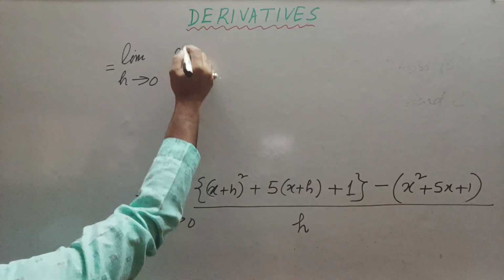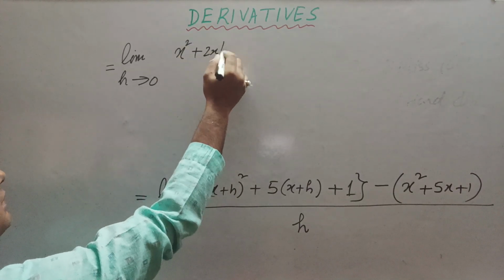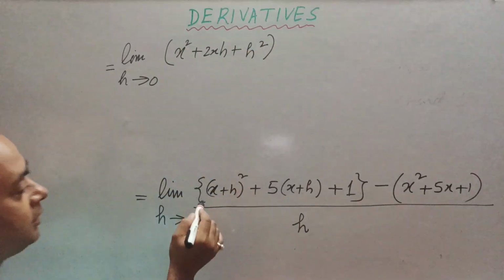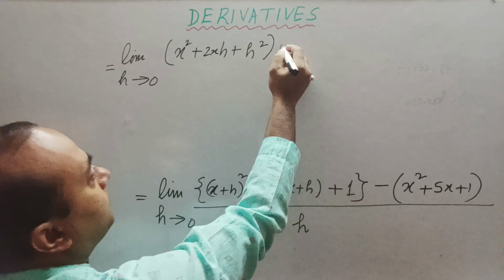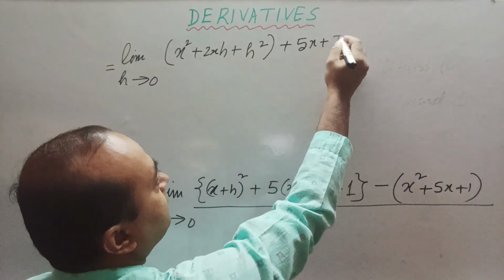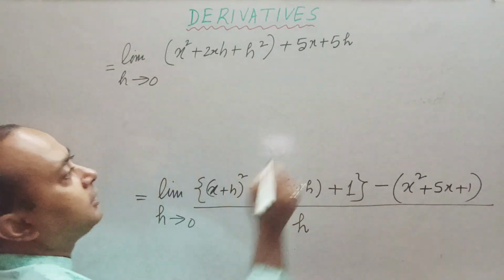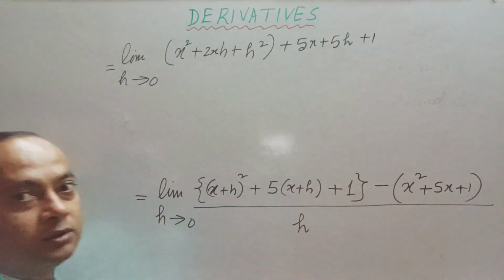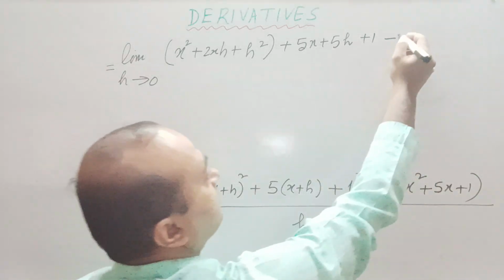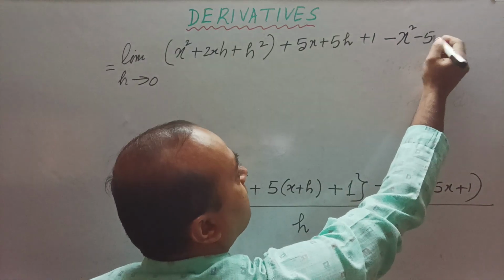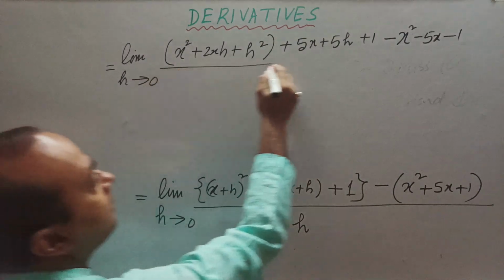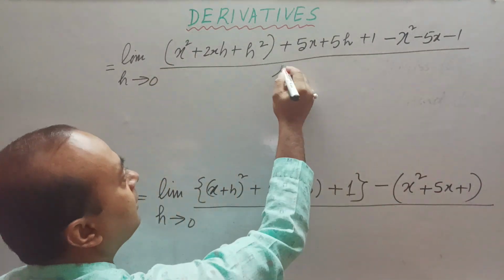So it will be x square plus 2xh plus h square, plus 5x plus 5h plus 1, minus this entire thing, which will be minus x square minus 5x minus 1. The whole thing is divided by h.